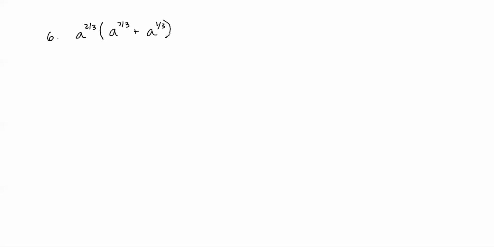Now, think about regular distribution. So let's say we have 2x times, let's say, x squared plus 4x cubed. So normally when we distribute, we are multiplying each of these terms. So we're doing 2x times x squared plus 2x times 4x cubed.